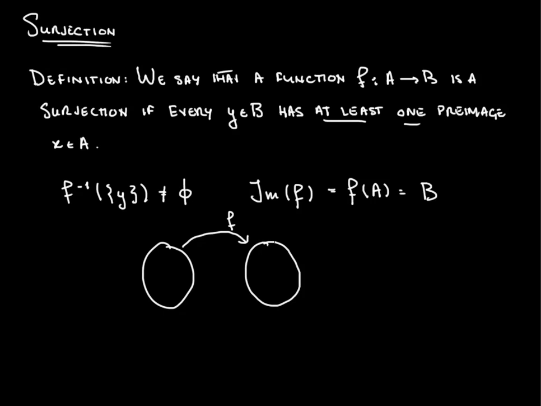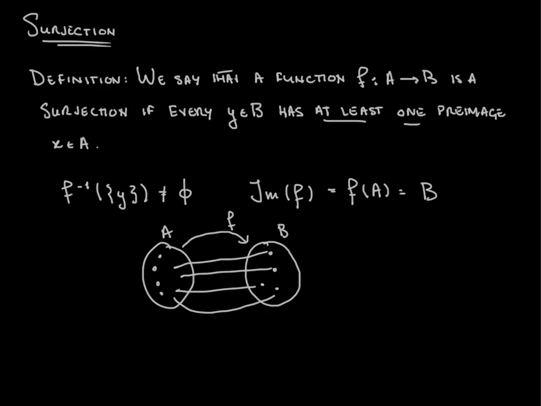If we have a function f right here and all of our elements in our codomain here, well, every element in our codomain has to have one preimage. We know that every element in our domain has to be related to one element in B. What a surjection tells us is that every element in our codomain also has a preimage.